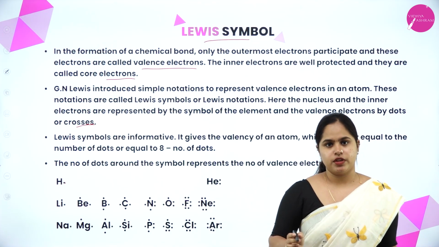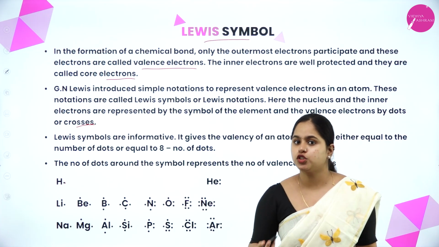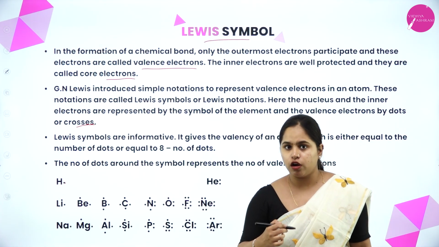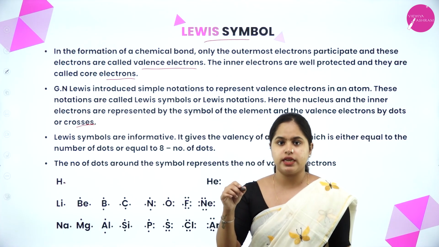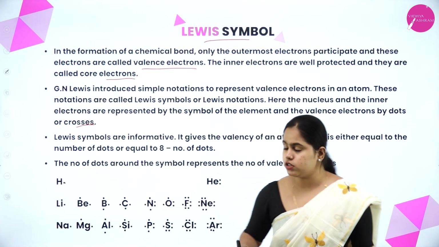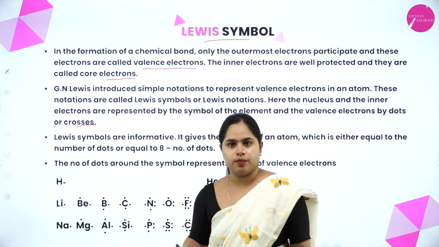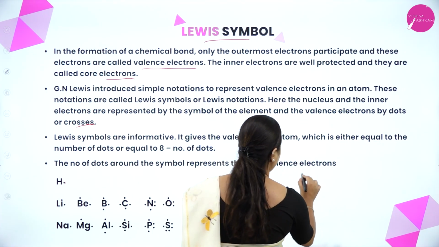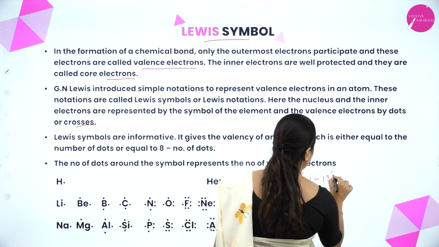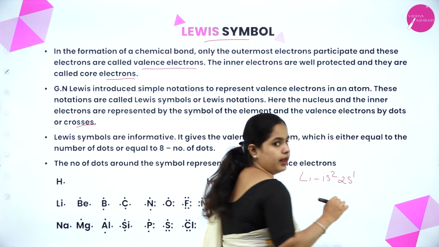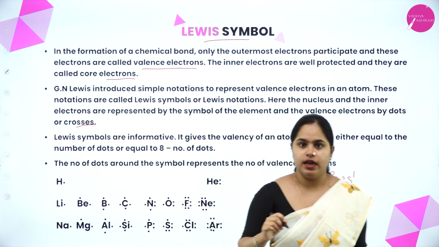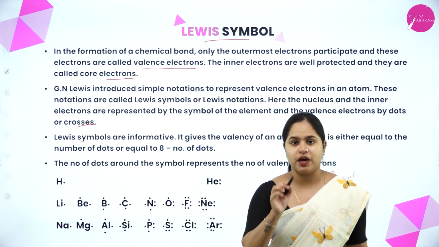Coming to helium, we know that helium consists of 2 electrons; the electronic configuration is 1s2. So there are 2 valence electrons, which are represented by 2 dots. Now for lithium, the electronic configuration is 1s2 2s1, again 1 valence electron, so it is represented by 1 dot.